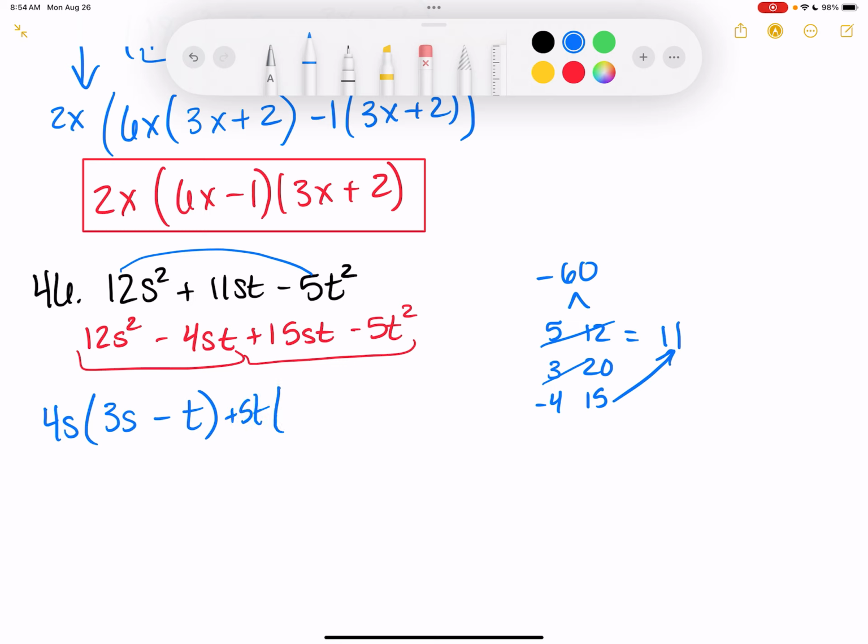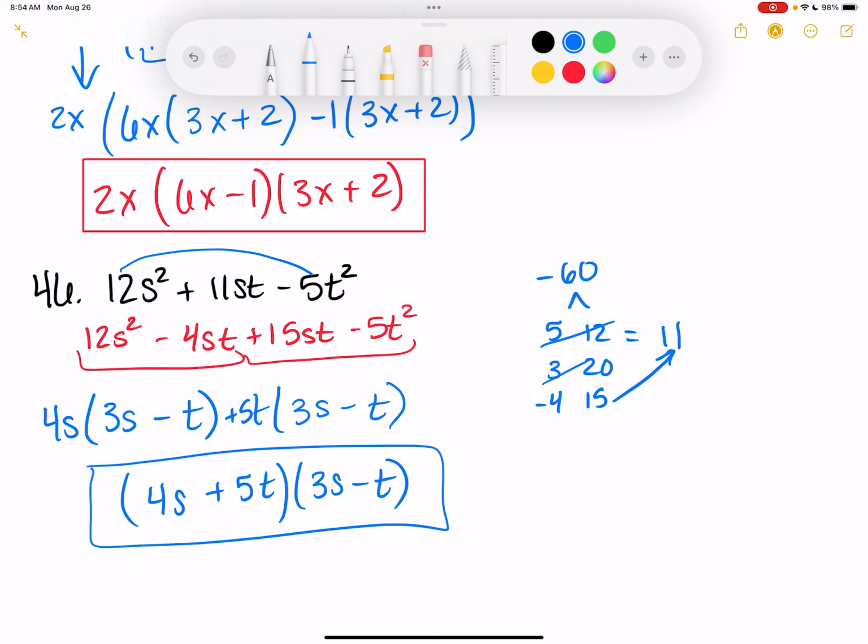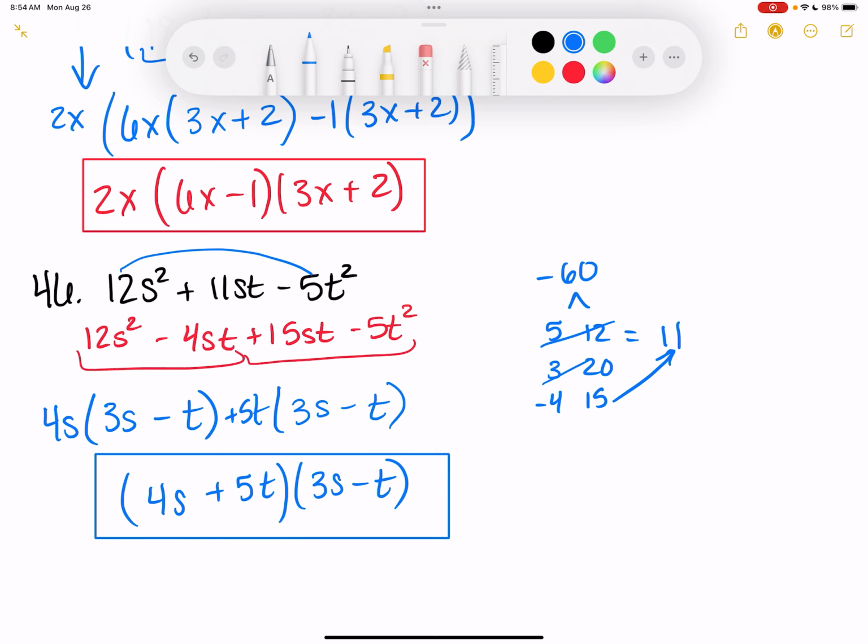And that gives 3s minus t. So then combine this stuff together. 4s plus 5t, times 3s minus t. Like that. So that one, obviously both pieces of those factors have a variable in them, which we don't see too often, but can happen.